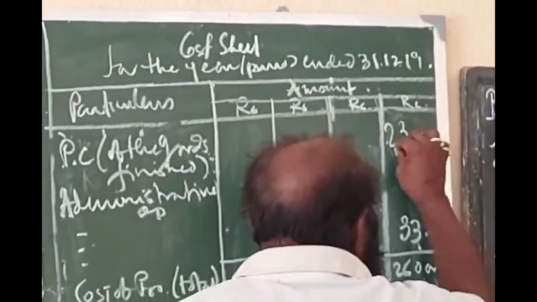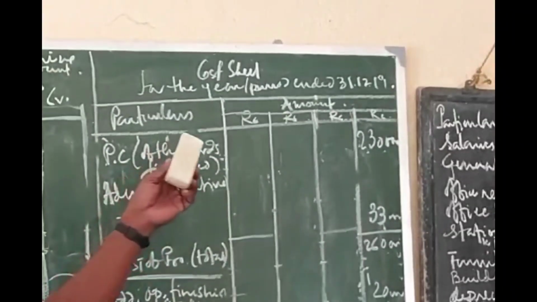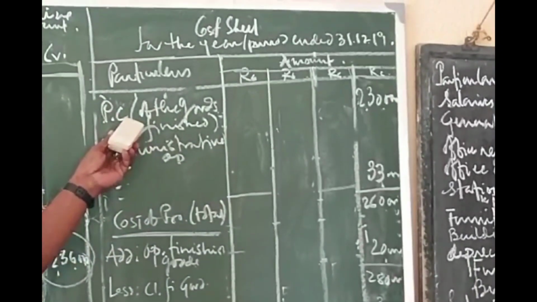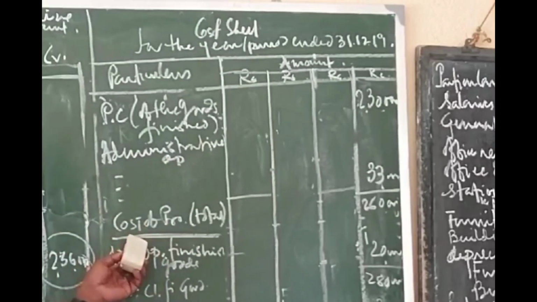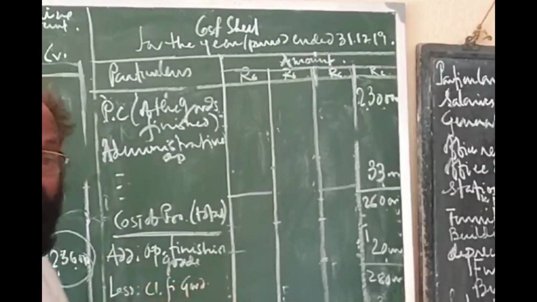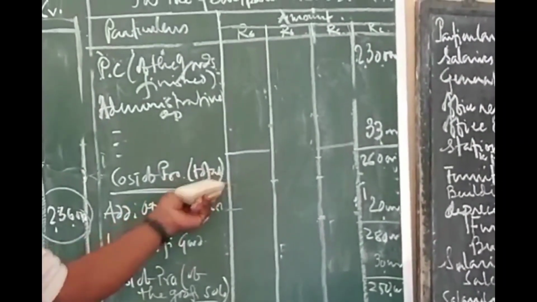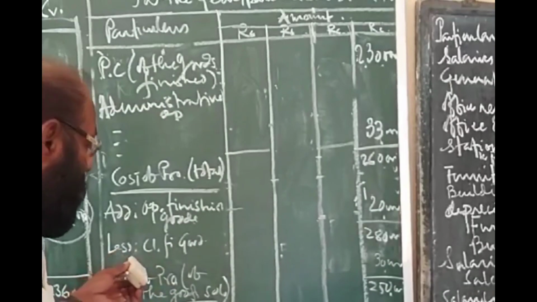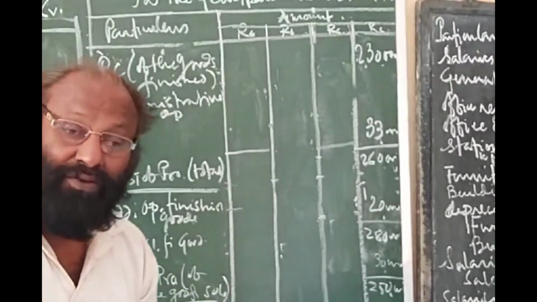It has been repeatedly shown that to production overhead we add administrative overhead, and thereby we get the total cost of production. To that we add opening finished goods and deduct closing finished goods, and thereby we get the cost of production of the goods sold.